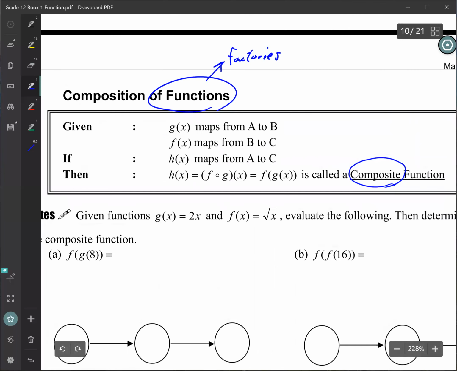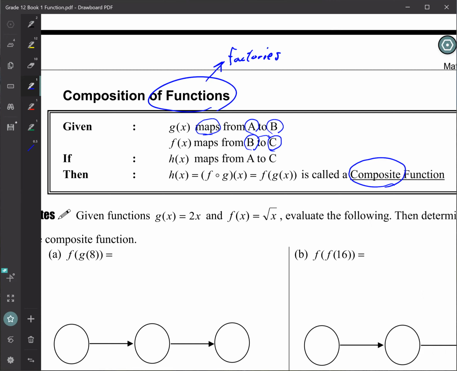So for example here, g of x maps, means you take the numbers from A and make them into B. So it's like the ingredients, the nails, the steel, the cardboard, all the ingredients, and then turn them into little components, B. Then the other factory will take the material you get from B and turn it into a product.